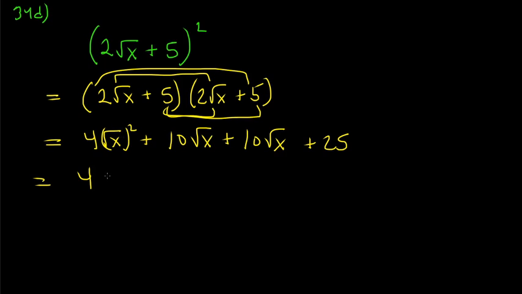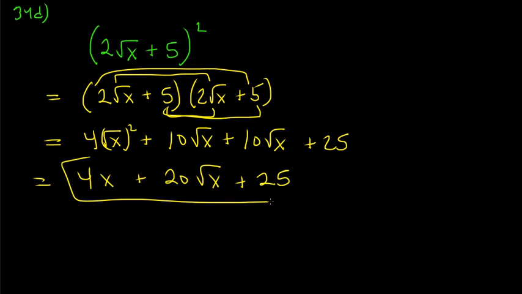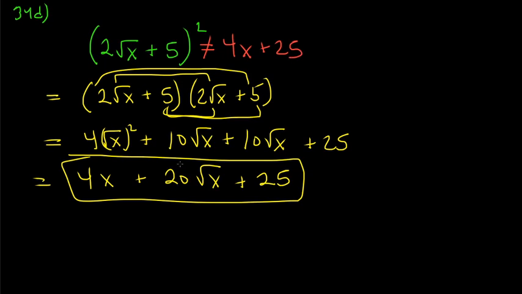So square root of x squared is just x, plus 20 times the square root of x, plus 25, right? So, yep, if all you did was square the first term and square the last term, great, but you're missing the middle term here, which is not unimportant, right? It has to be included.